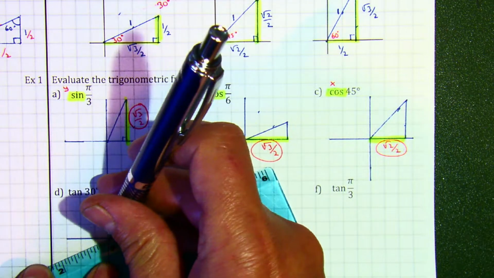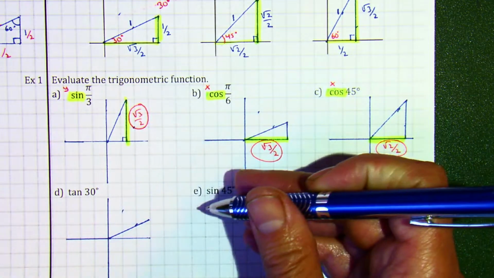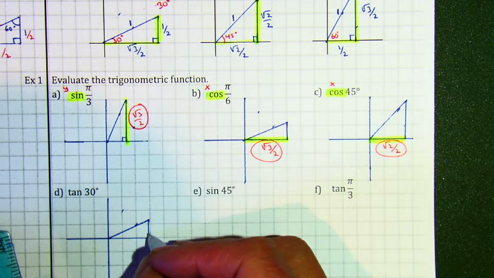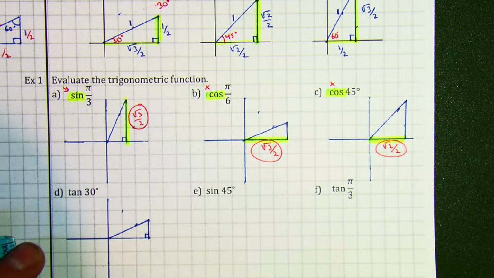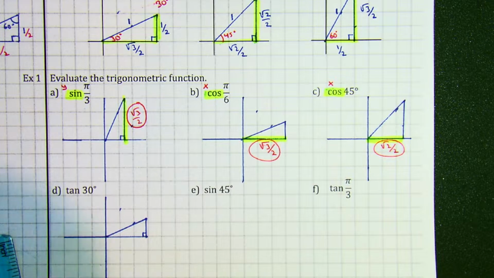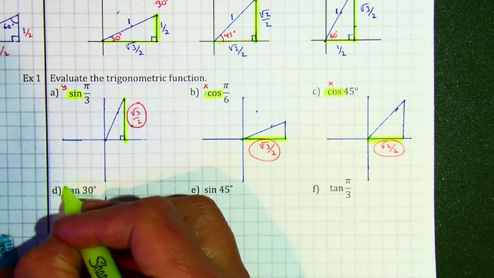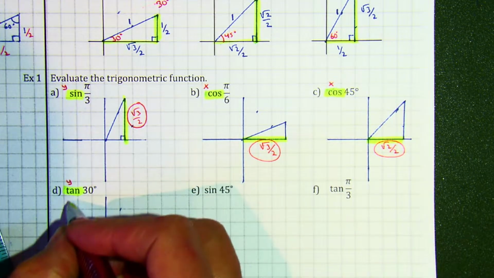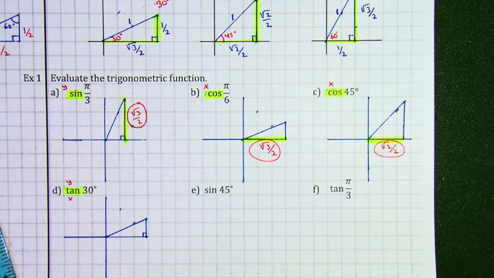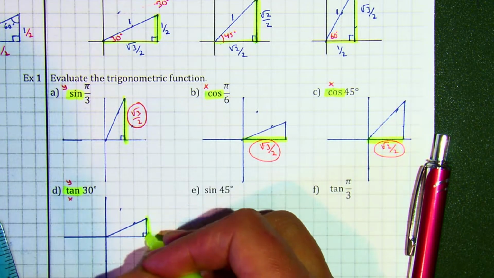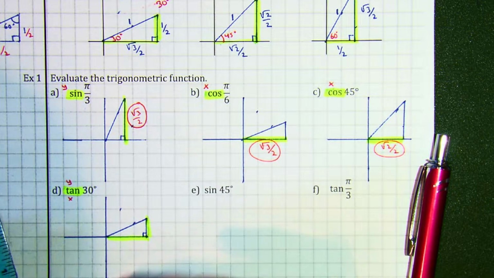I'm making my angle, and I'm going to make a right triangle. Tangent. Tangent is your x or your y? Tangent is y over x, correct? It is y over x. So therefore, what is the length of your y and what is the length of your x?